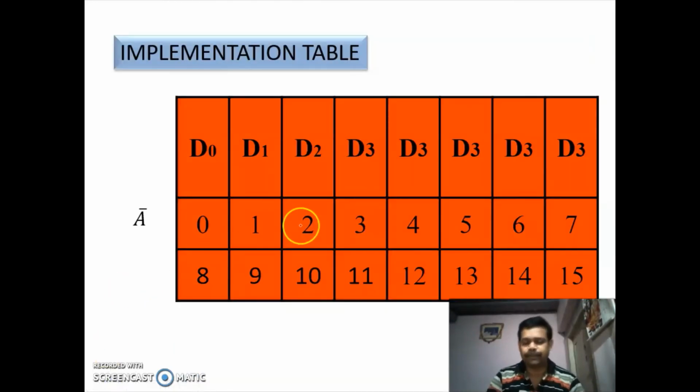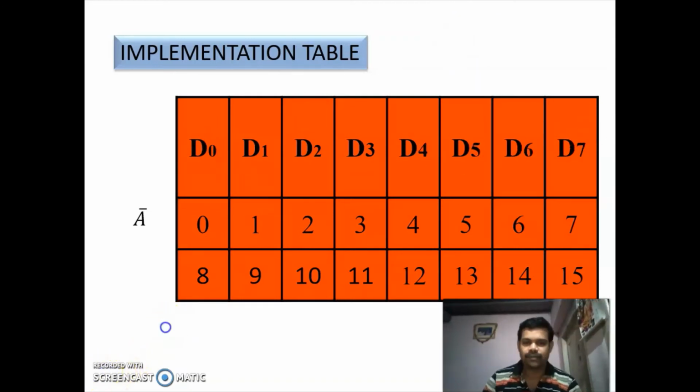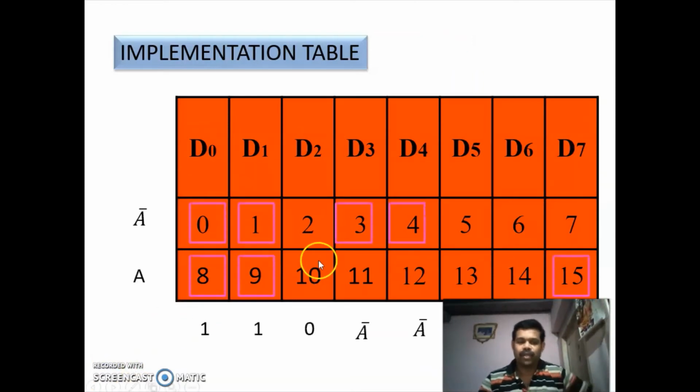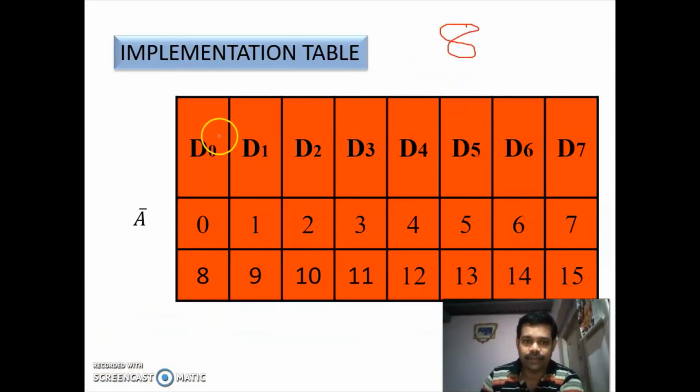Next, we have to go for the implementation table. Here we are going to implement using an 8:1 mux. Our 8:1 mux has 8 inputs, from D0 to D7.